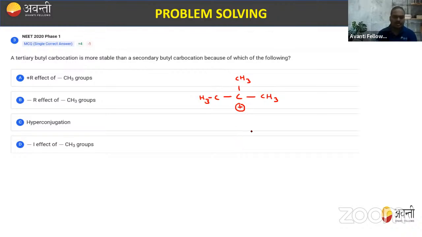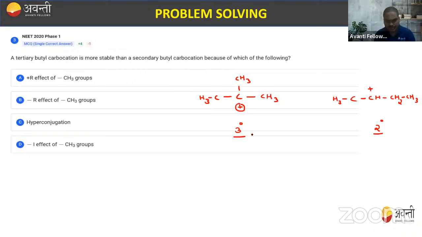Similarly, let me draw the structure of secondary butyl carbocation. So this is a structure of secondary butyl carbocation, right? So we have a CH plus CH2 and this is CH3. So this is a tertiary butyl carbocation and this is secondary butyl carbocation. ठीक है? चलो.